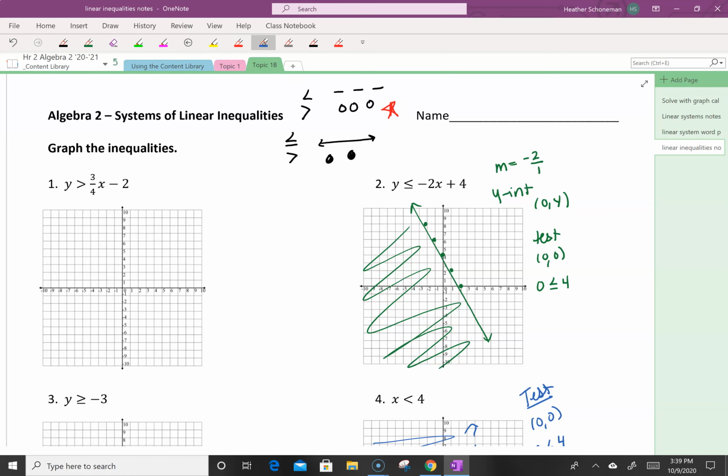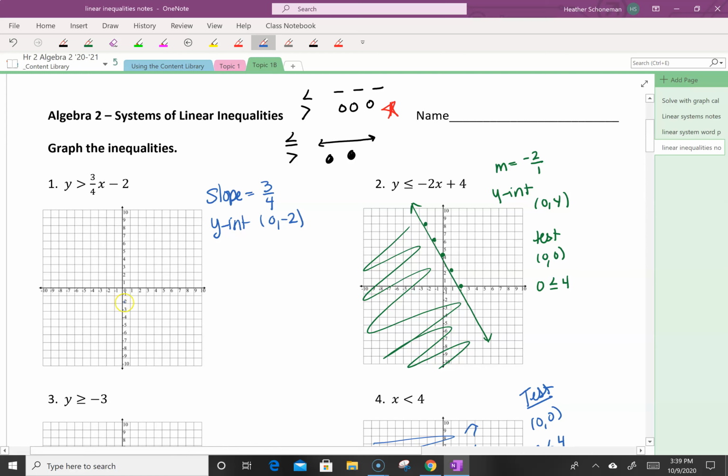Example 1, this equation is in slope-intercept form. So in slope-intercept form, we need to identify the slope, or the m, which would be 3/4, and we need to identify the y-intercept, which would be (0, -2). Now before I start plotting anything, I need to look and see. This is a greater than. Greater than is going to have open circles and a dashed line.